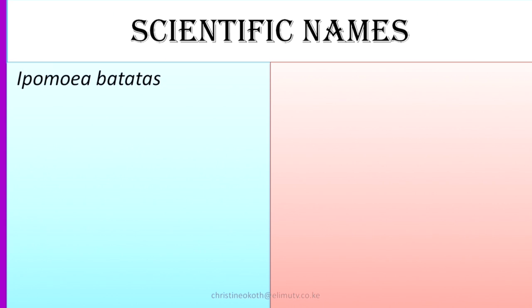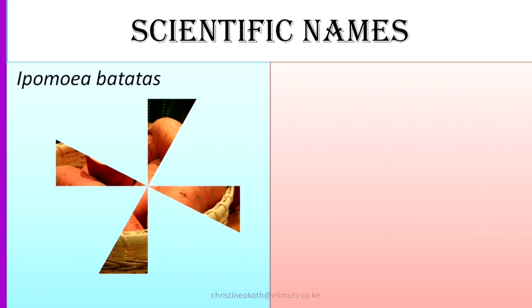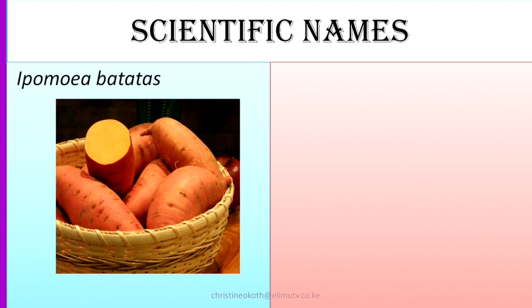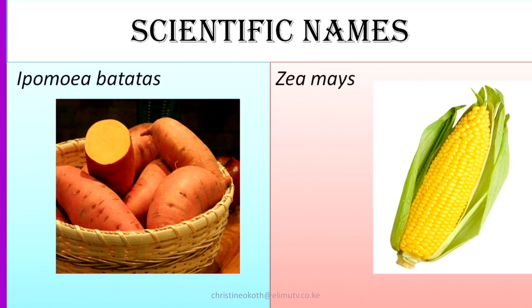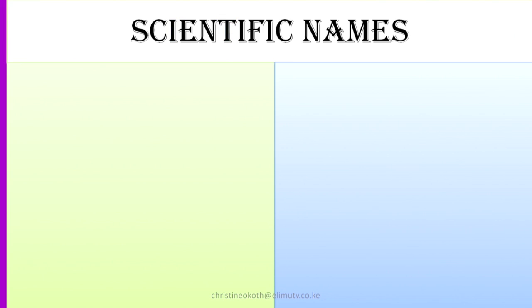Another example of a scientific name: we have the sweet potato. In science, it's known as Ipomoea batatas. Then we have the maize, which is known as Zea mays.